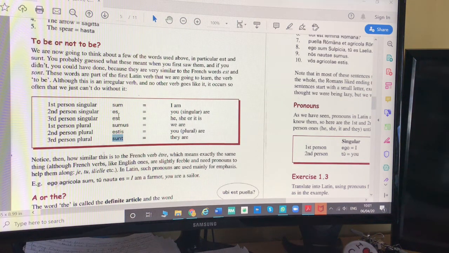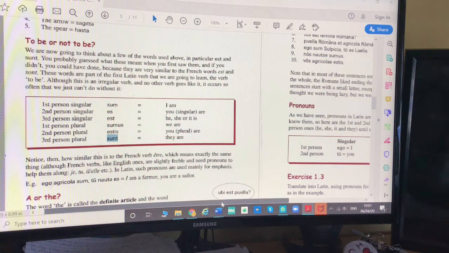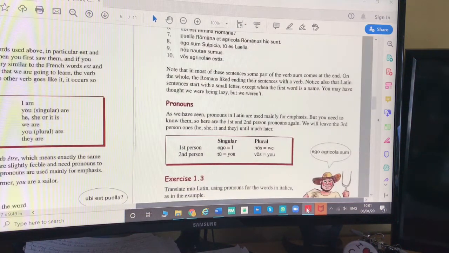Sum and est and sumus and sunt are all part of one verb. Sum, es, est, sumus, estis, sunt. I am, you are, he, she, or it is, we are, you are, they are. That is the verb to be. And of course you know that because you've read the paragraph in the book.